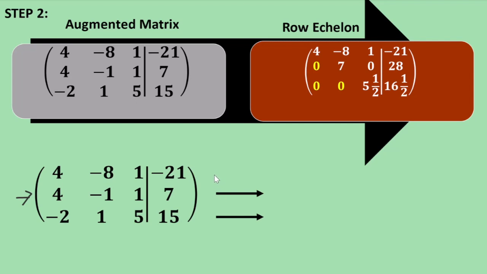So the formula would be negative of A21 divided by A11 multiplied by the first row plus with the second row. This gives us the new row 2.